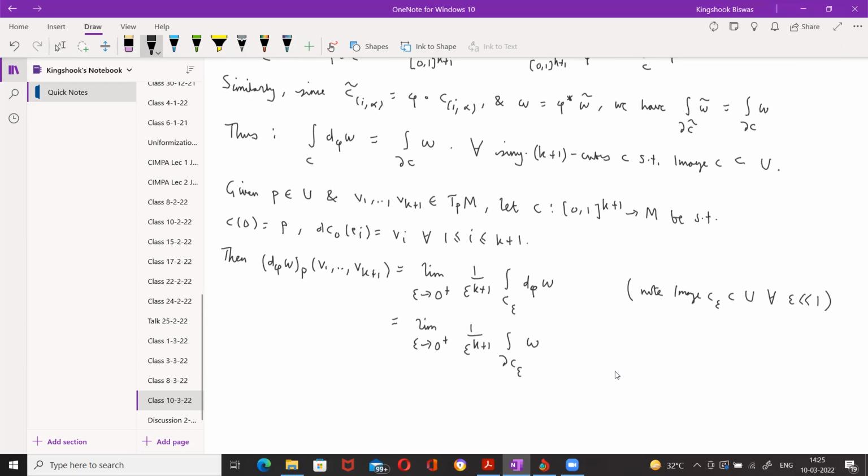Now this last quantity is independent of the chart phi. This limit only depends on omega. I'm not using the chart anywhere now.